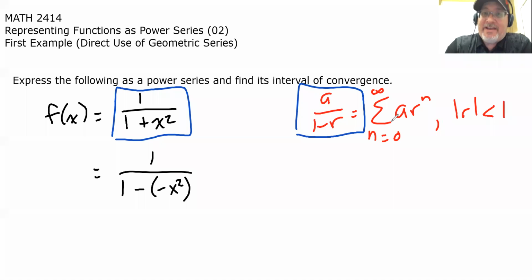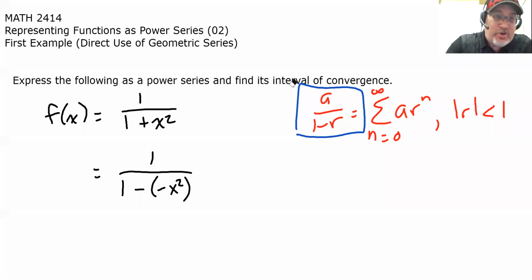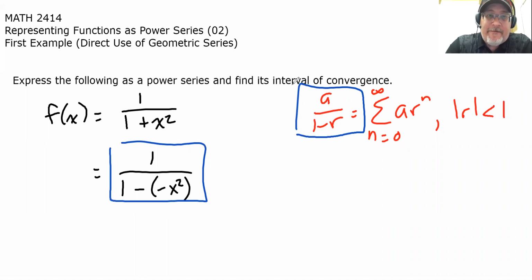And by rewriting that as minus a negative, now we have more structural similarity between the function whose series we're looking for and the sum of a geometric series. In fact, we can make our identifications now. The number on the top represents the first term.